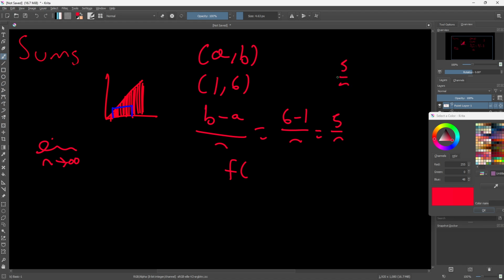But that's not true because then that would be one value. And like you can see here, for this rectangle, it's one value, right? For this rectangle, it's a higher value than this rectangle. So it couldn't be 5 over n. And so you might be tempted to say, well, you do 5 times which rectangle it is.